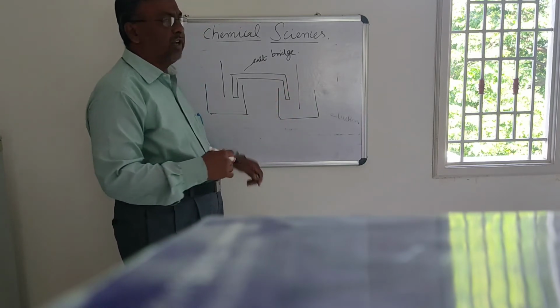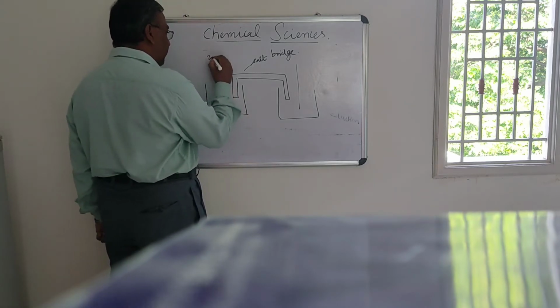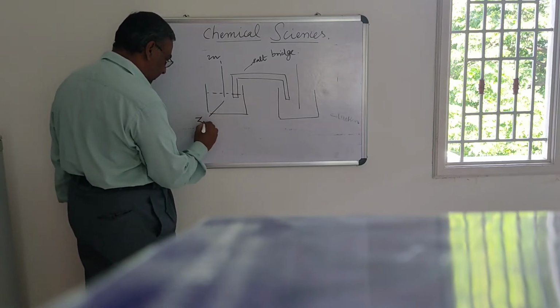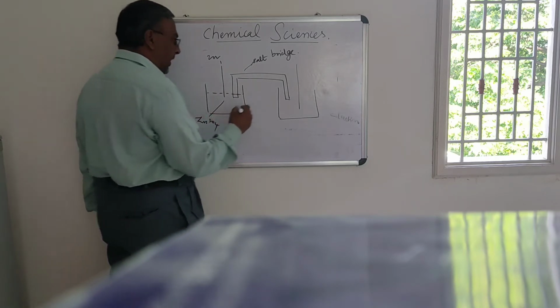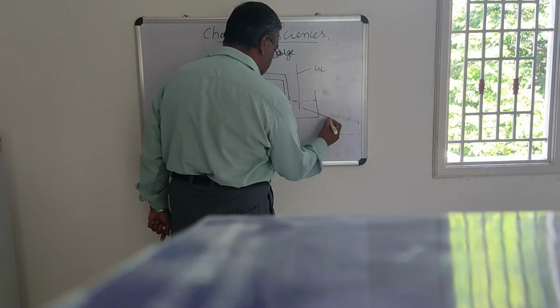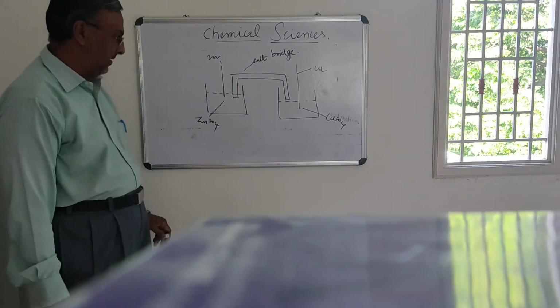Then, how to represent the cell? Here, for example, if a zinc electrode is in contact with zinc sulfate and this copper electrode is dipped in copper sulfate, then how to represent this cell?